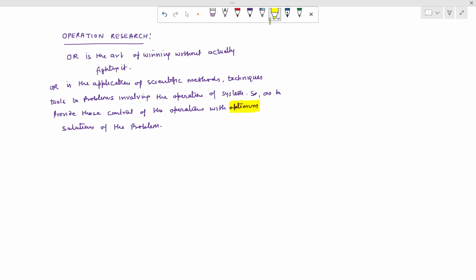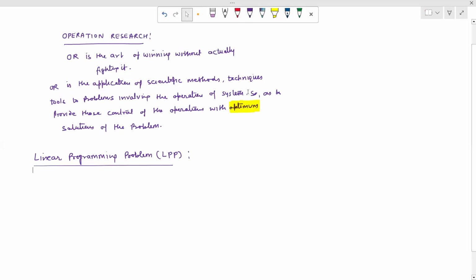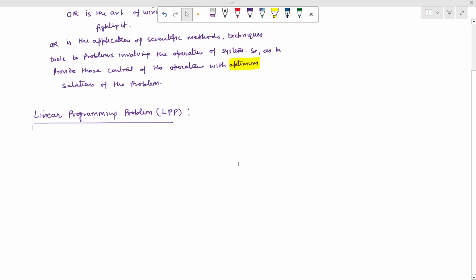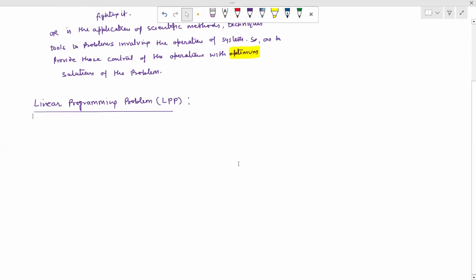So we start the topic. The first topic is the linear programming problem, LPP in short. The word linear means any equation or system of equations which has degree 1 is called linear.